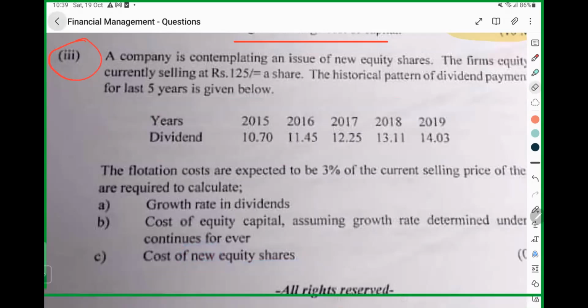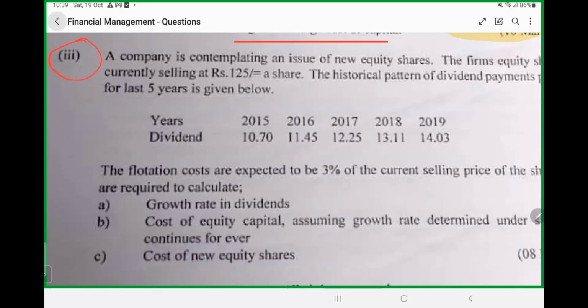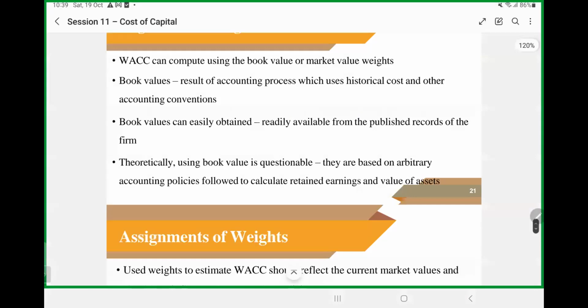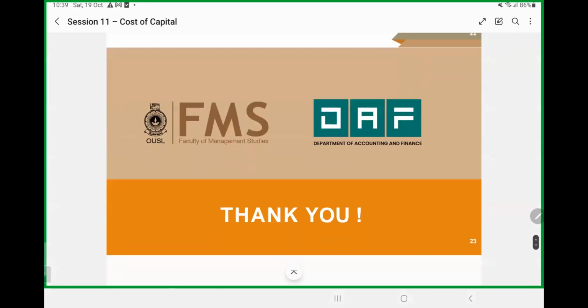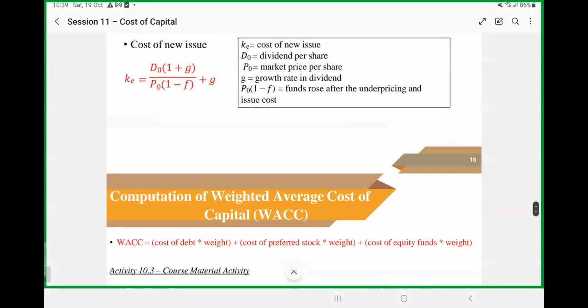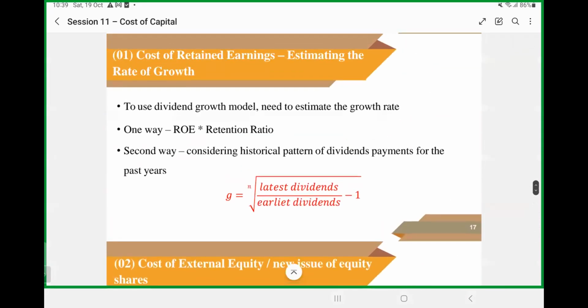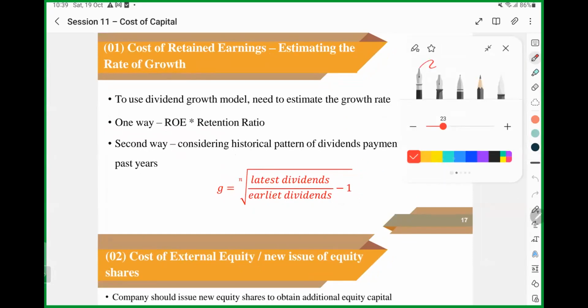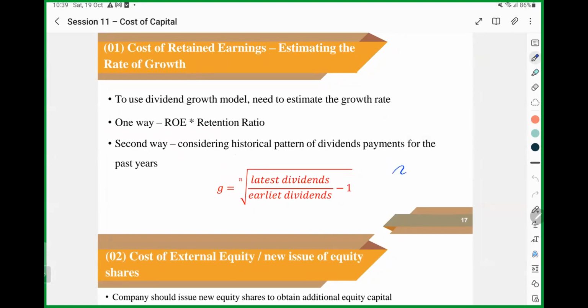You see in your study material, the growth rate calculation: latest dividend over earliest dividend, root, minus 1.